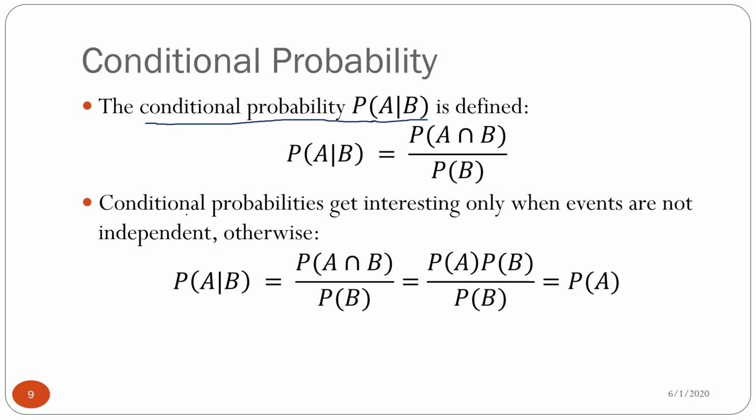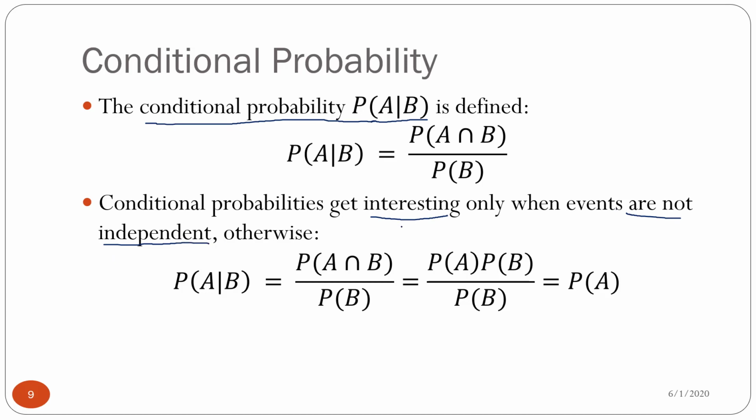Now this conditional probability is only interesting for us as long as we have some dependencies between events, as long as the events are correlated somehow. It is interesting for us only when the events are not independent.